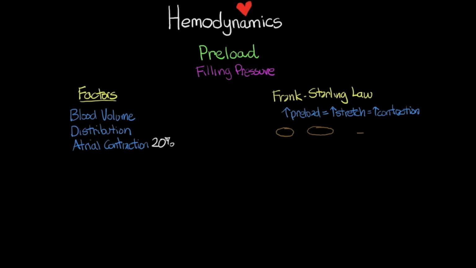And so again, if we stretch it out even further and we let go of that rubber band, again, it's going to snap back with even more force. And that's the basic principle behind the Frank-Starling law. As we increase that preload, it's going to stretch the ventricles more, and by stretching those ventricles more, they're actually going to be able to have a stronger, more forceful contraction in ejecting the blood.